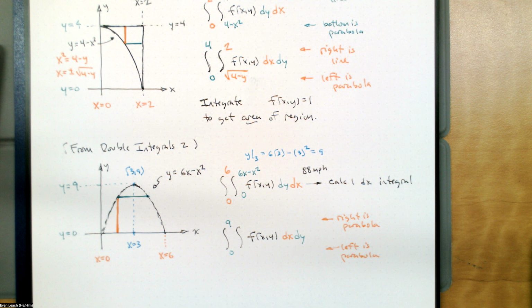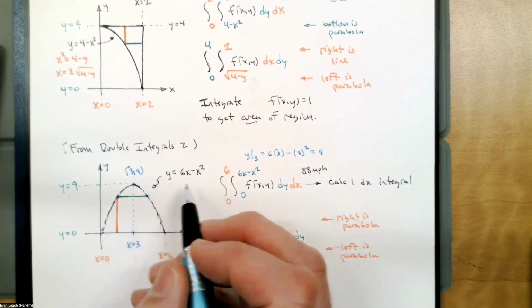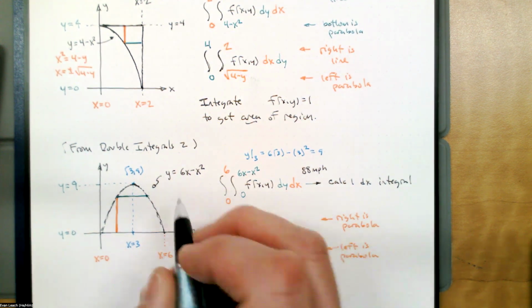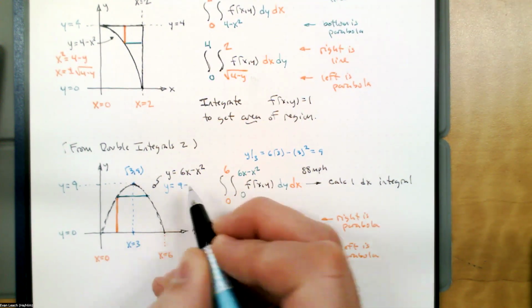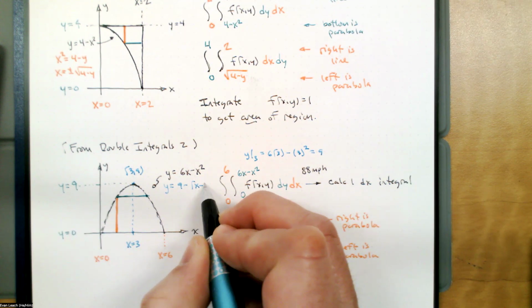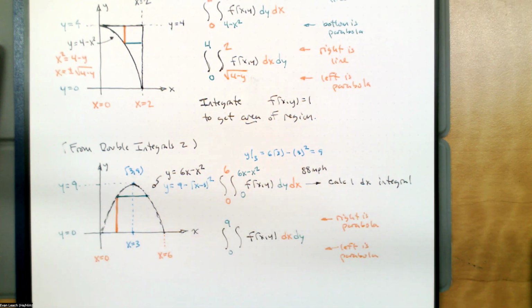The best way to deal with this is to not use the standard form 6x minus x squared. That's really good for finding the intercepts, really bad for dealing with things like the vertex or solving for x. So I would rather write this in vertex form and say y is equal to 9 minus (x minus 3) squared.